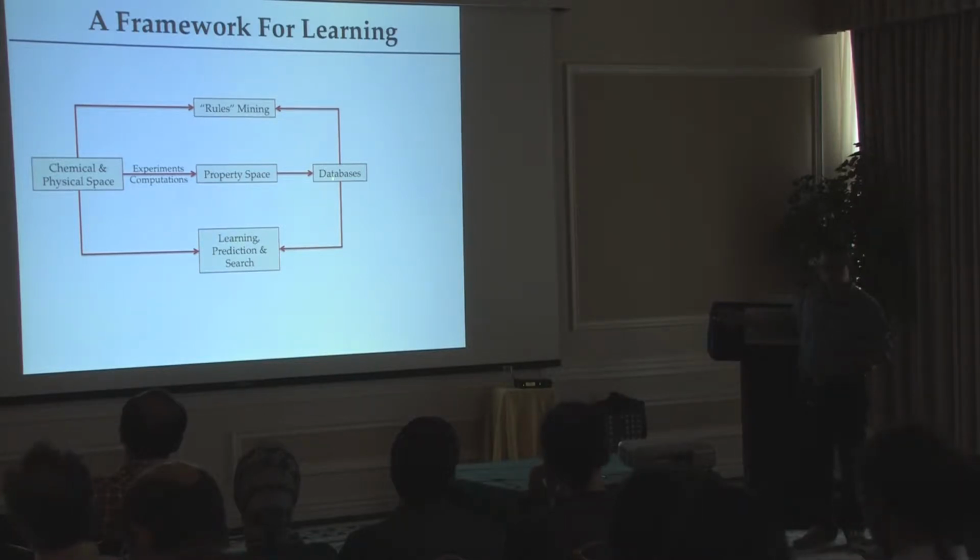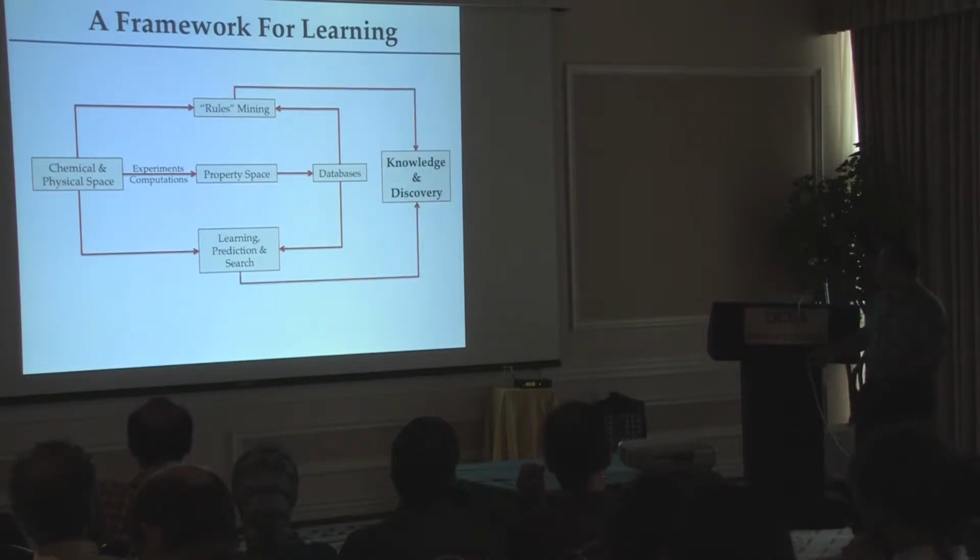We can search effectively. We can make predictions. We can do what we call machine learning, and perhaps that will lead to knowledge and discovery. So that's the general framework that many of us are adopting.